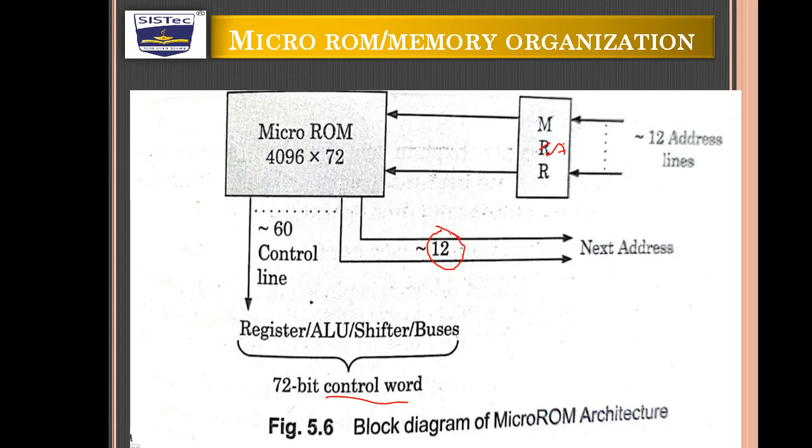The next address sequencer uses this address information along with status inputs from the controlled process to calculate the address of the next micro instruction. So the micro ROM contains almost 300 kilobits, that is 2 to the power 12 times 72, which is 294912 bits of control information, and would consume a correspondingly large silicon area.